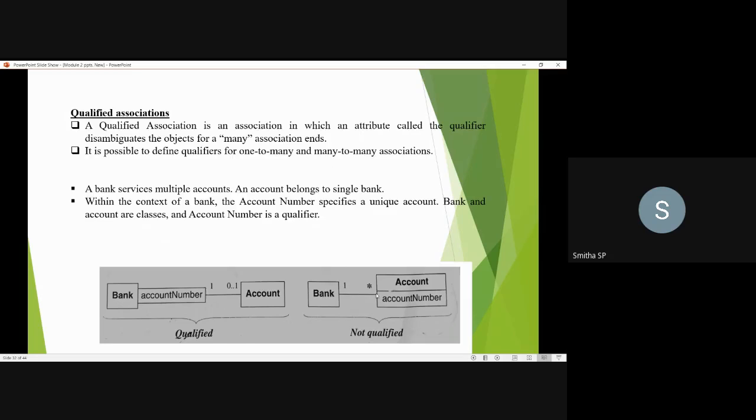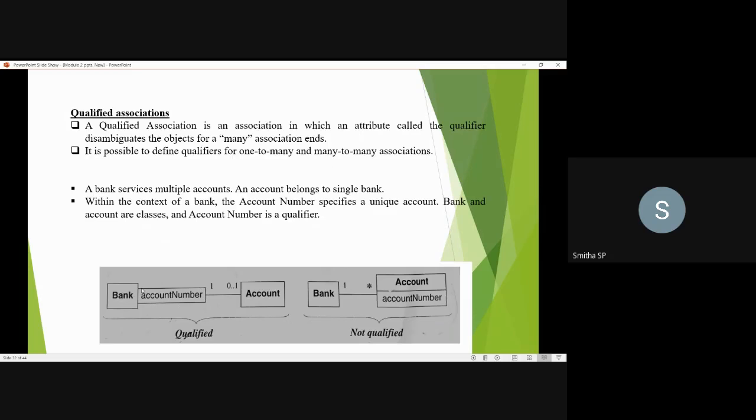One bank can have zero or more accounts, or many accounts. To resolve the ambiguity, we have used account number as a qualifier. An account number is given to each account, so each has an individual account number. So here it resolves the ambiguity.